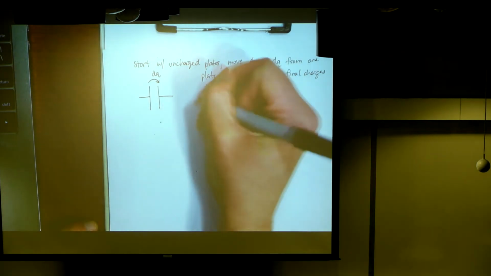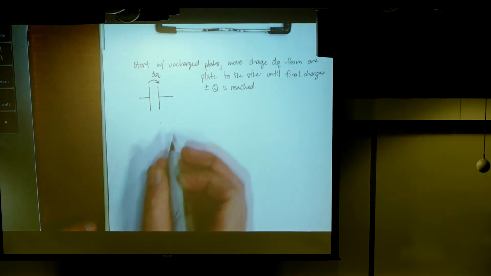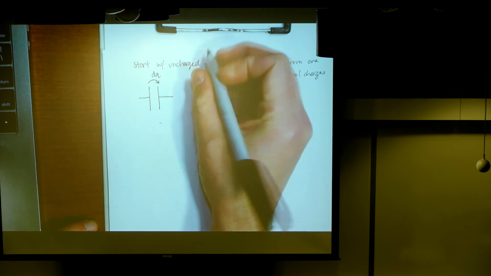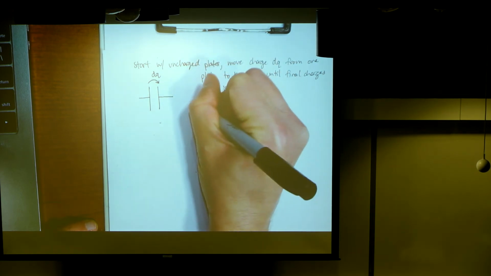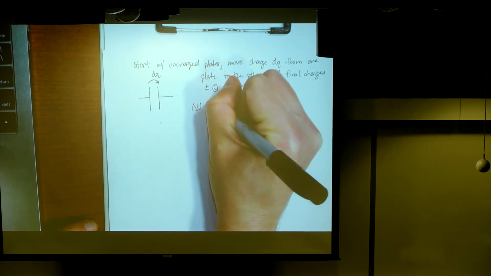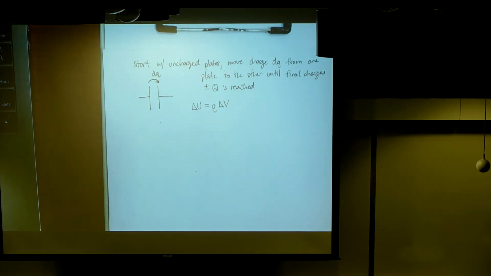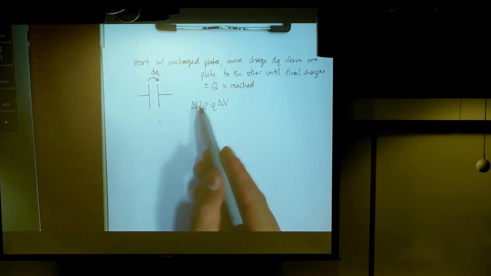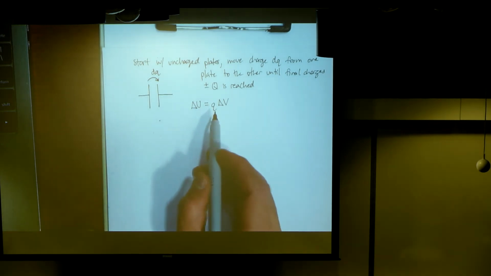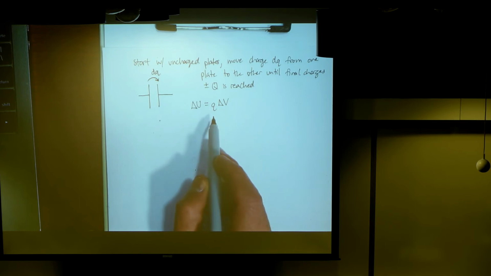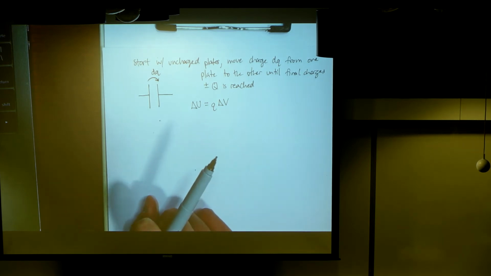All right, so to show you how this is going to go, remember that we have this formula which says delta U equals Q times delta V. So a change in potential energy when you move a charge across a potential difference is given by this formula, if you recall, okay?